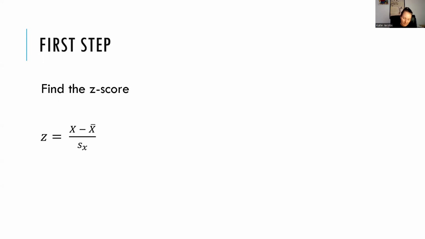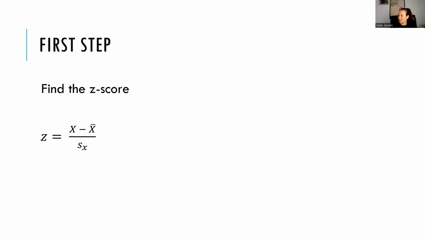All right, so let's solve for this problem. Okay, so what you need to do on your worksheet is write the formula for z-score. So we know z equals x minus x bar in the numerator divided by our standard deviation of x. Here we need to look and see what is the information that's important in here.